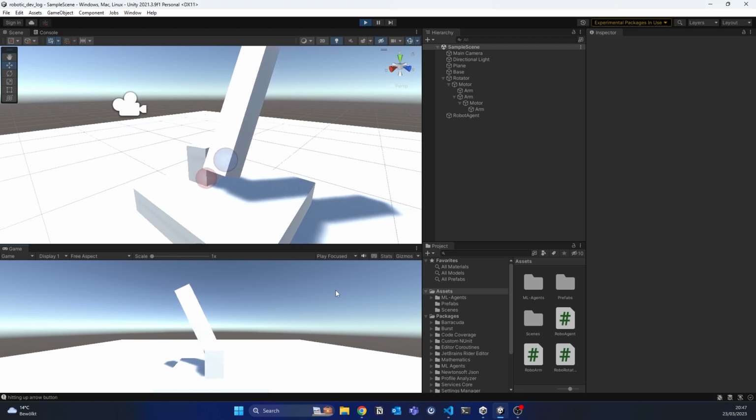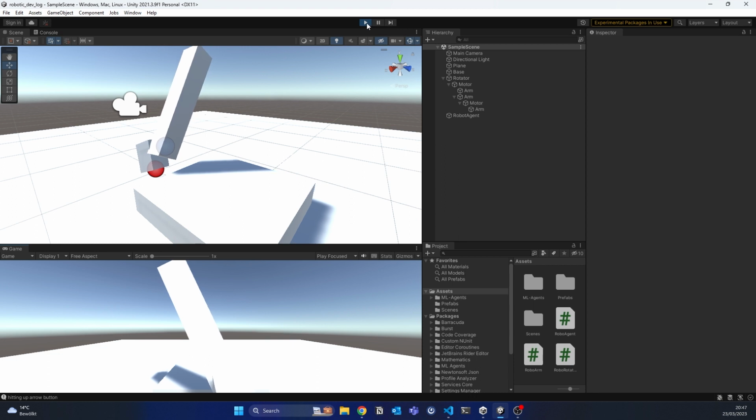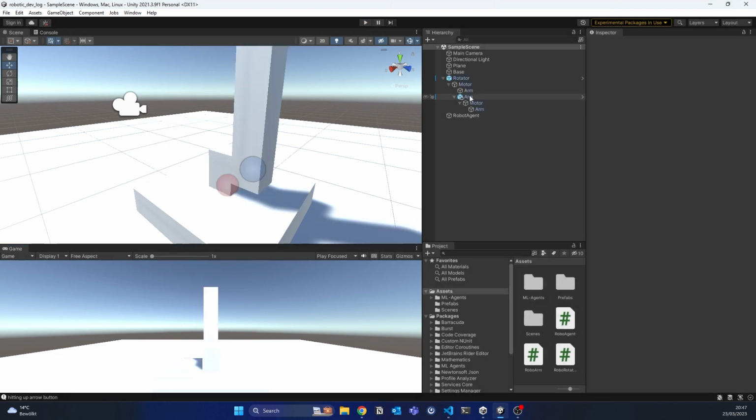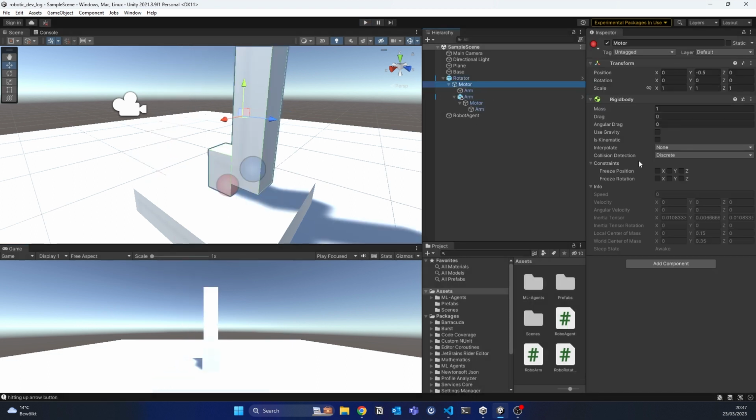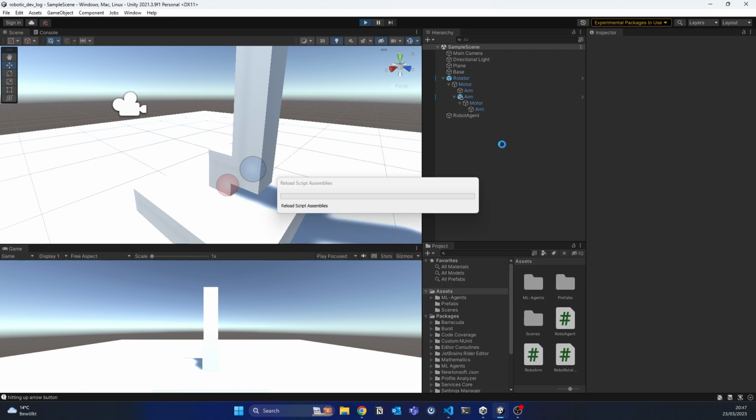Left, right, and here I'm turning left and right, but okay, let's stop this. Here probably I have to constrain the position, definitely. I have to constrain probably X and Z rotation, I suppose. Let's try that again.